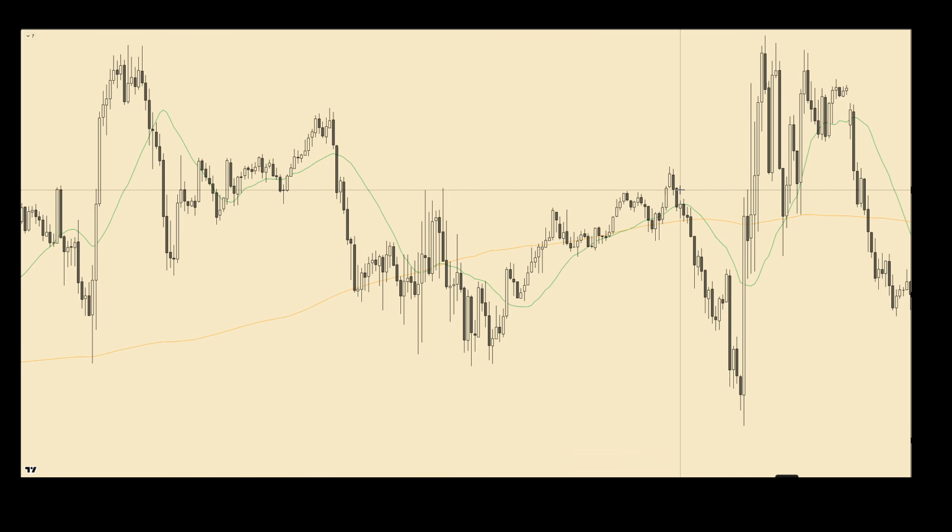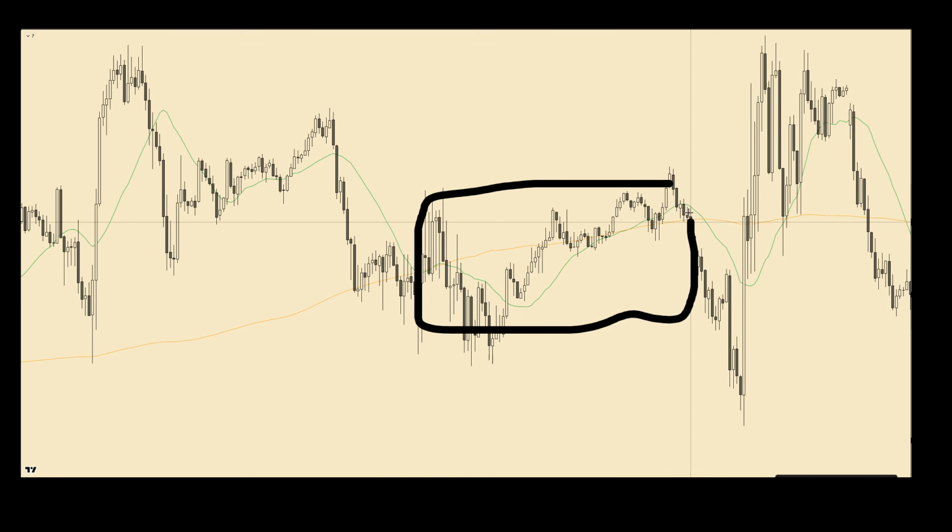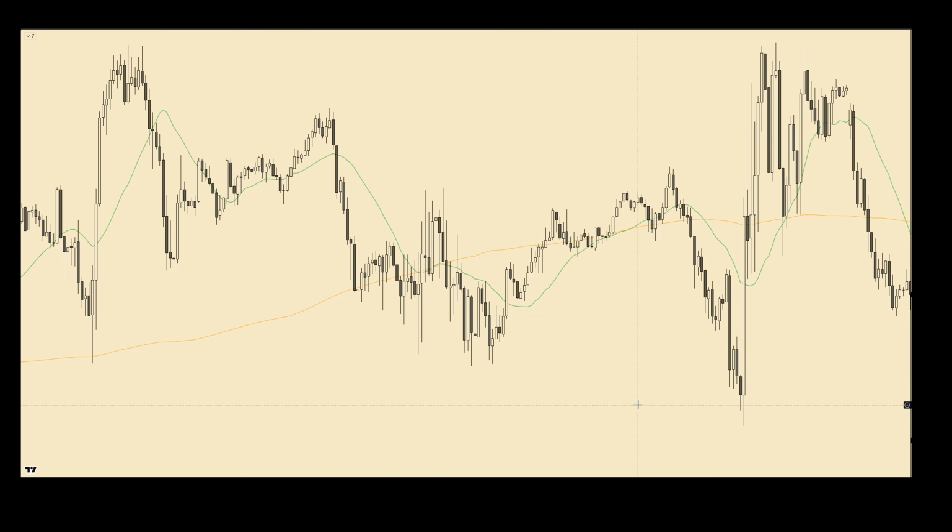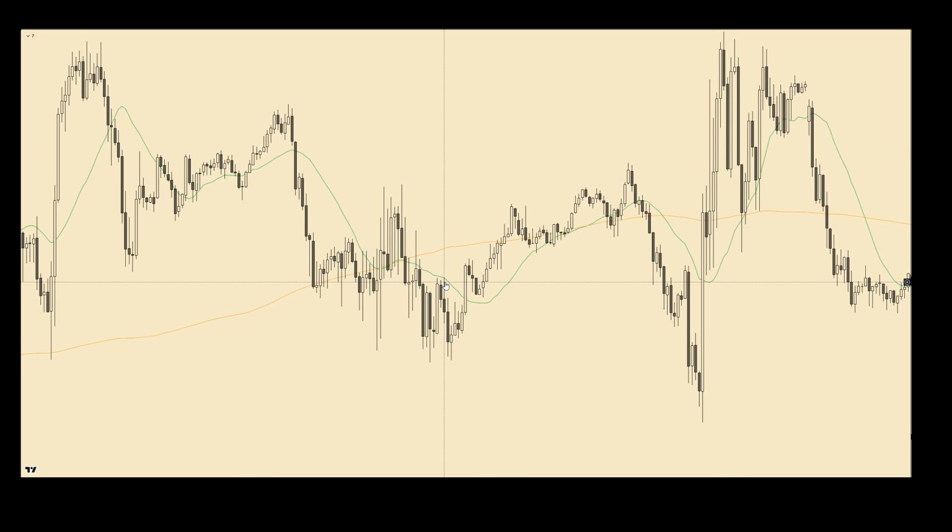These are the conditions that I am really careful about, and that I am trying to avoid taking trades in, because I struggle trading this kind of consolidation and I am better at trading trends or continuations.